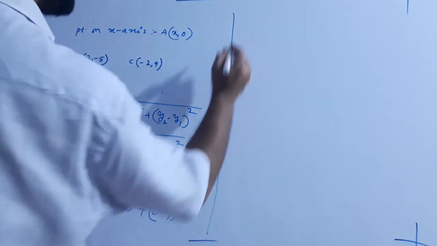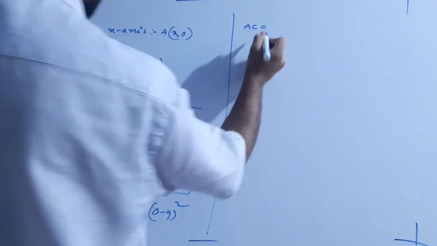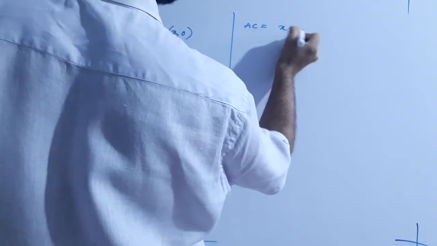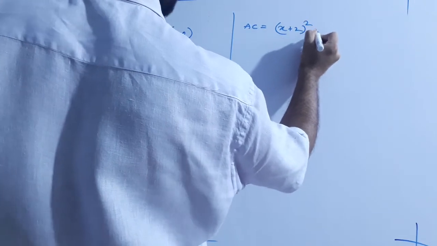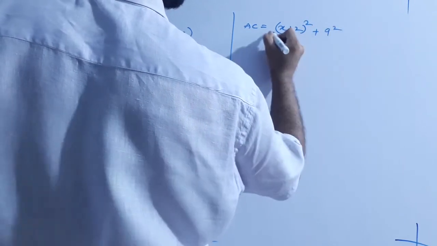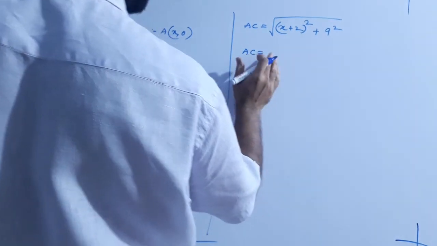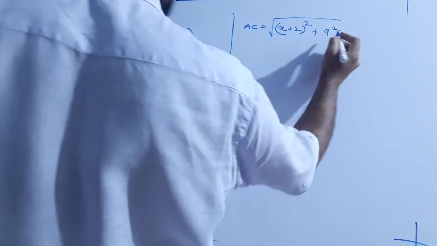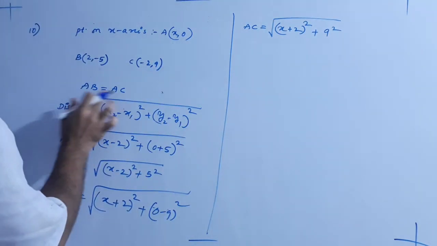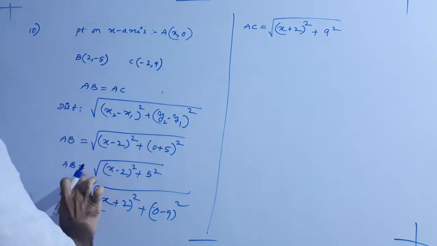So now what do we get? AC equals square root of (x plus 2) whole square plus 9 square. What is given? AB equals AC. So AB is this, AC is this.